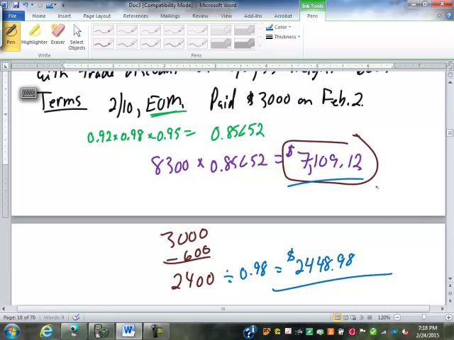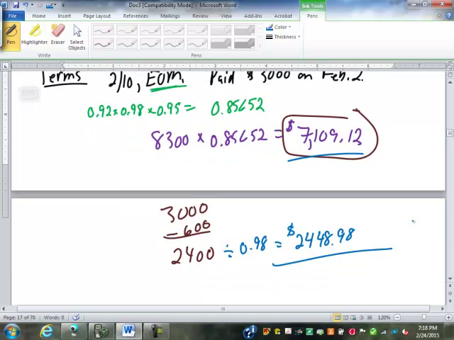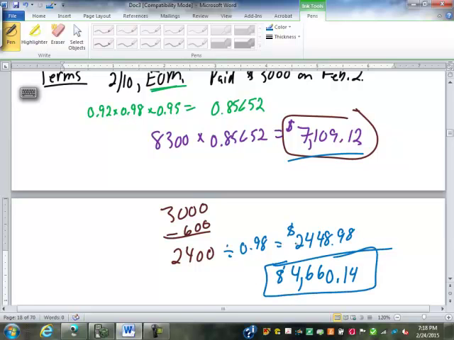Subtract that from the 7,109.12, which is going to give us $4,660.14. Yeah, 4,660 sounds right. So anybody totally lost at this point?